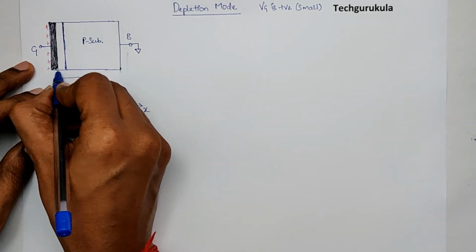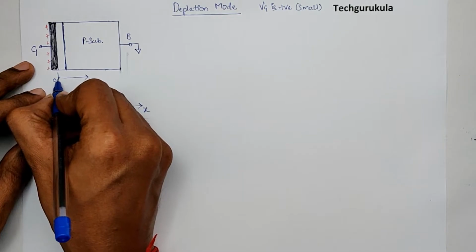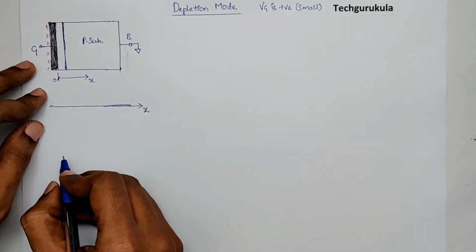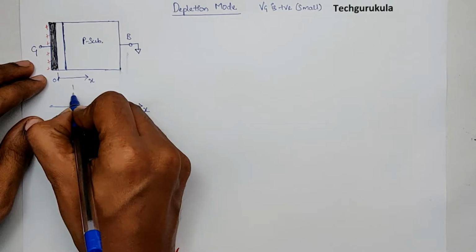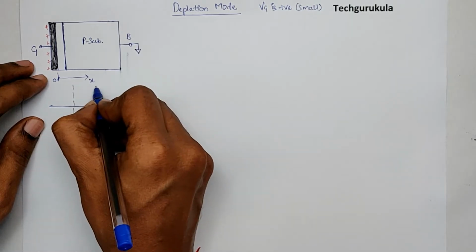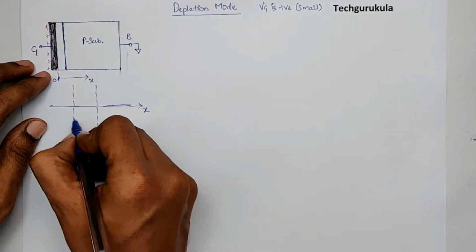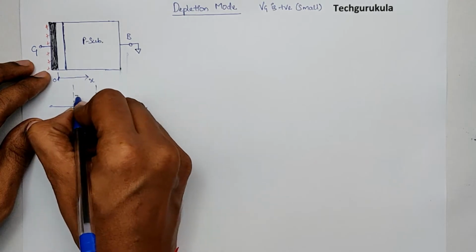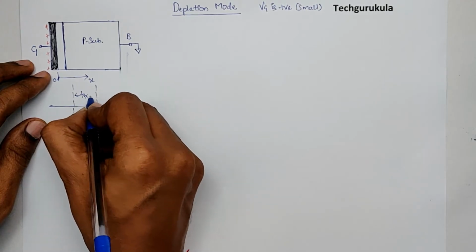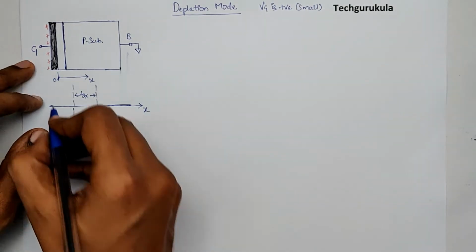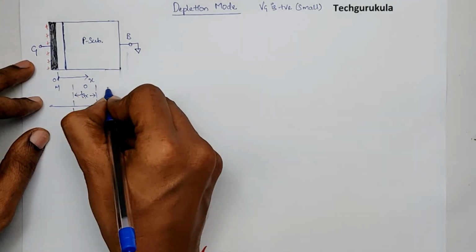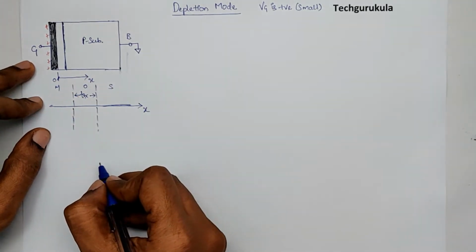The metal oxide interface is the reference origin, which is 0. We are taking the assumption that this is the thickness of the oxide, Tox, this is the metal side, this is the oxide side, and this is the semiconductor side.